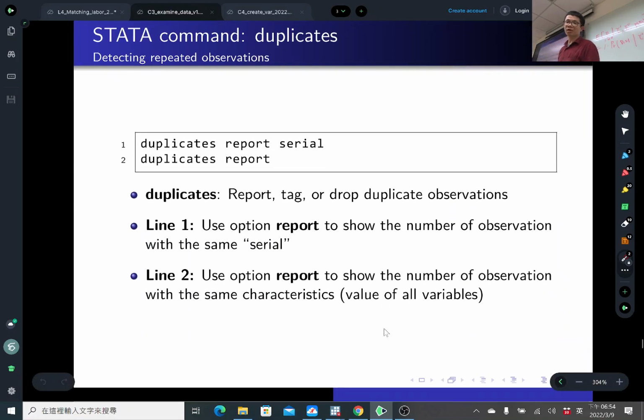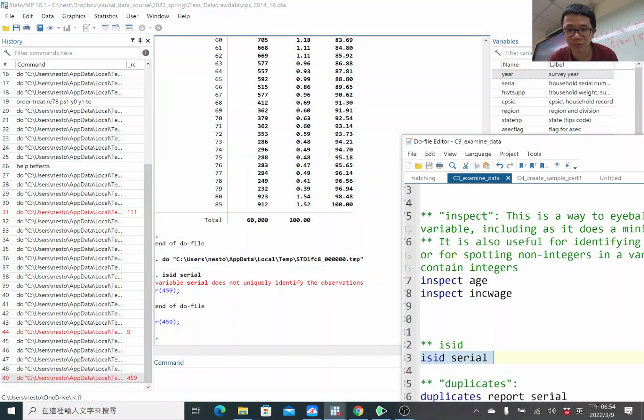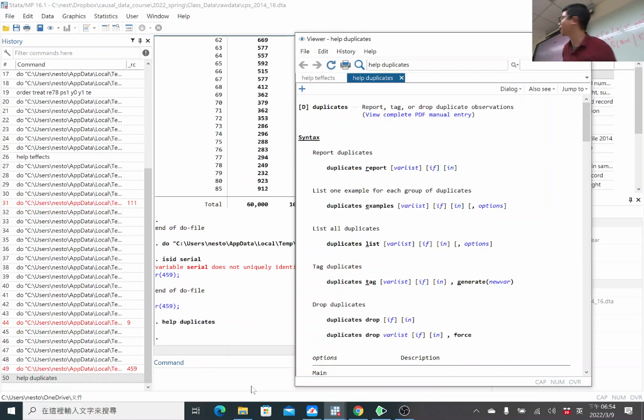For example, there is duplicate, and you can type several options here. If you want to learn more, you can type help duplicate, and it will let you know how to use it.